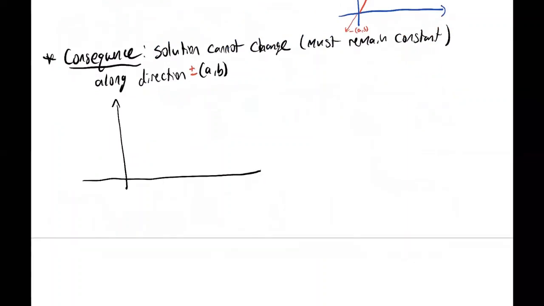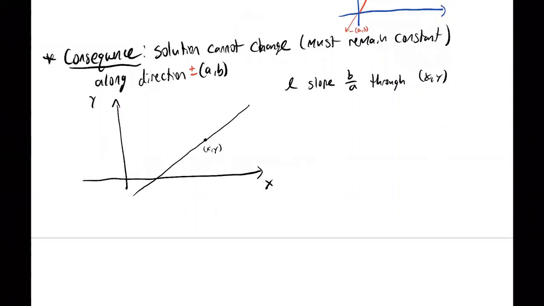This is my x and y axis, and let's say this is my point x comma y. And let's say I draw a line L with slope b over a that goes through the point x comma y, right? And if I draw that line, maybe that line's going to look something like this. So this is my line L.